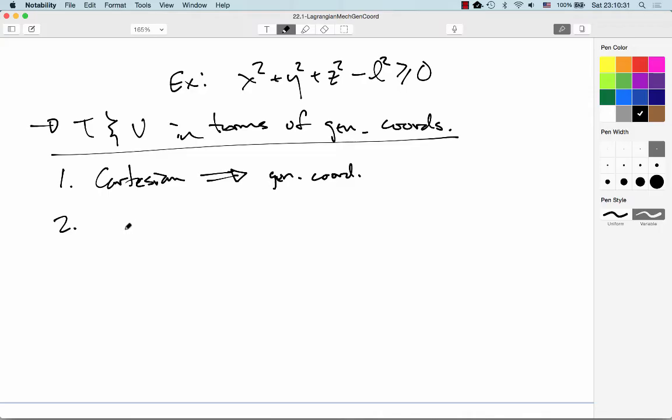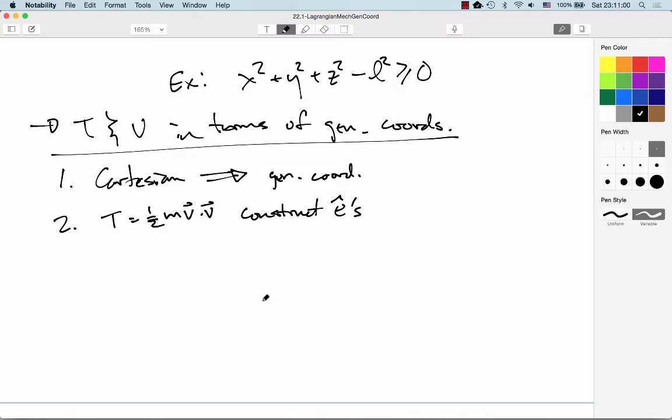Choice 2 is you work directly in your generalized coordinates, and you use something like T equals 1/2 m v dot v, and you go ahead and construct your own unit vectors. So let's say you construct e's.